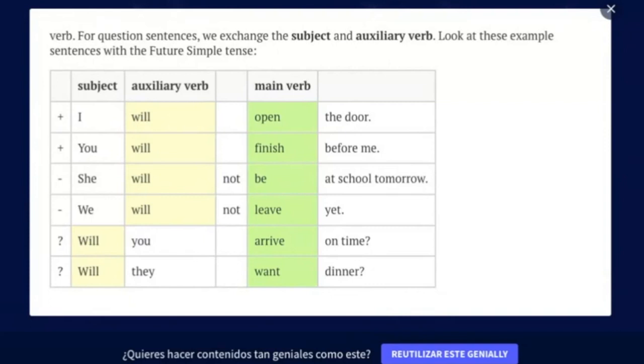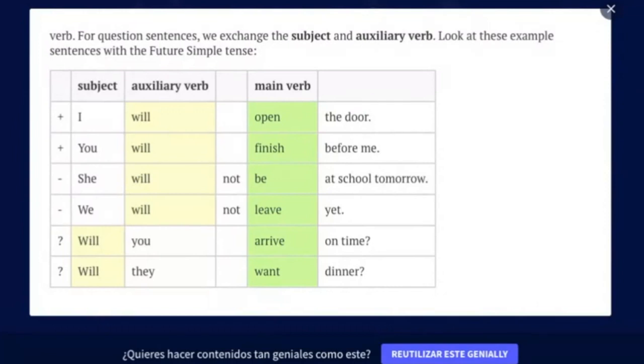We can say will not or won't. Both are correct. Okay, will not or won't. Both are correct. So it is the same for us to say, she will not be at school tomorrow, or she won't be at school tomorrow. We will not leave yet. We won't leave yet. Okay?